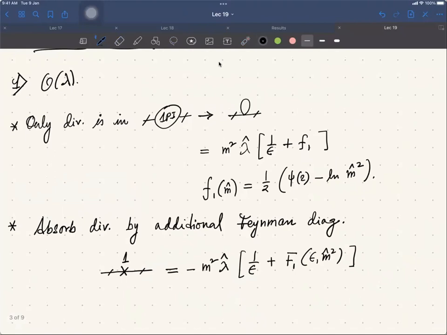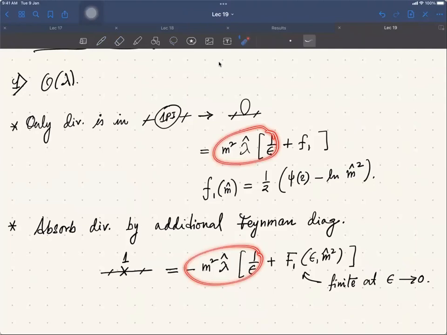This object, this additional capital F, is finite in the epsilon going to 0 limit, because that is the finite ambiguity I was discussing earlier. So with this minus sign, this is going to cancel this.